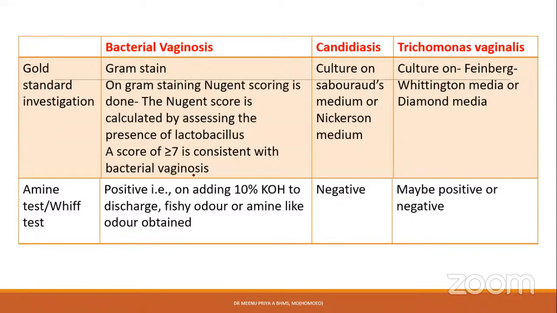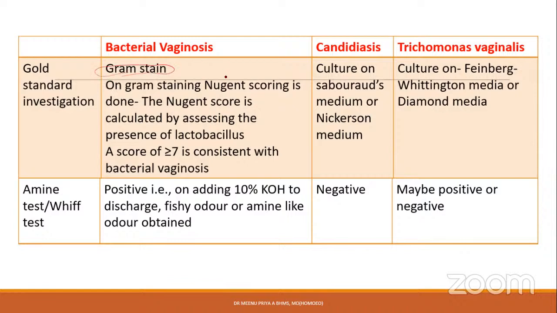Next, the gold standard investigation. Gold standard investigation is always an important question, especially in OBG. Any condition, if you see a line in the textbook, the gold standard investigation of choice for this condition, just highlight it and remember it, because it is always an easily asked question. So here in bacterial vaginosis, the gold standard is gram stain.